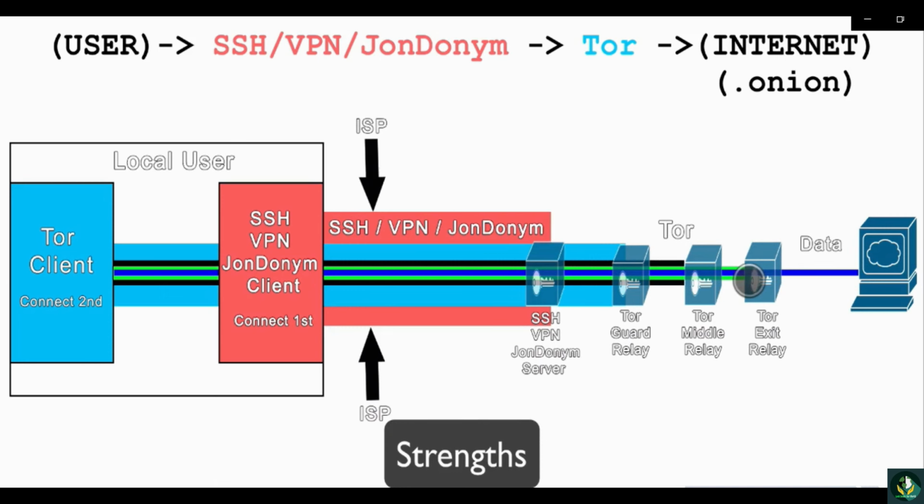This is how an ISP helps a local user with a VPN to gain data using Tor through an SSH, VPN, or Jondonym server, or a Tor guard relay, Tor middle relay, or Tor exit relay. Tor helps to reach data by SSH, VPN, or Jondonym.